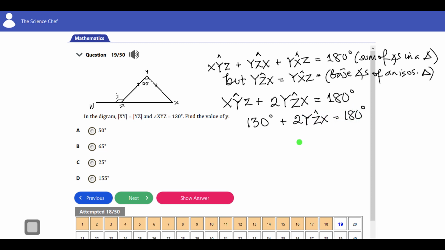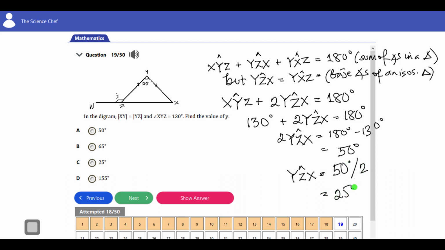If we solve for this, angle 2yzx equals 180 degrees minus 130 degrees, and that's 50 degrees. So your angle xzy, which will help you find your angle y, is 50 degrees divided by 2, which is 25 degrees, right?